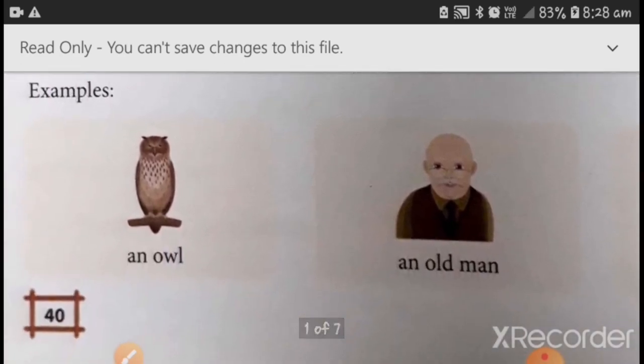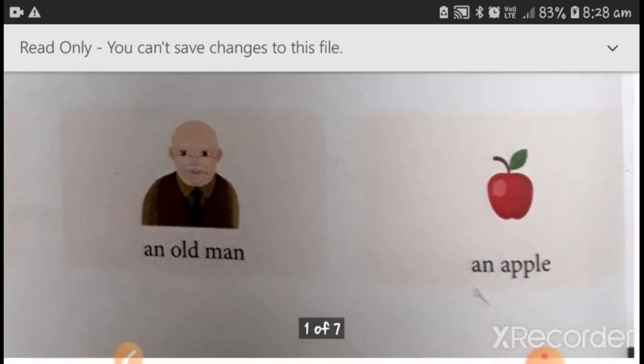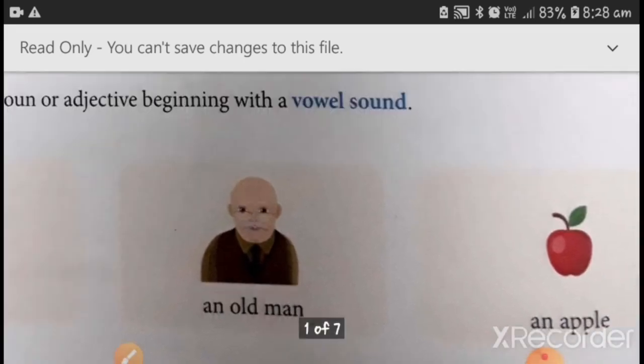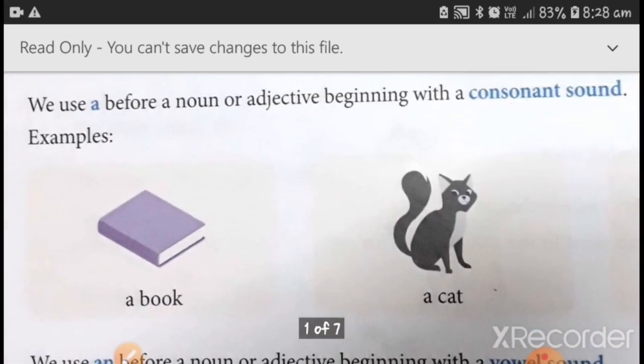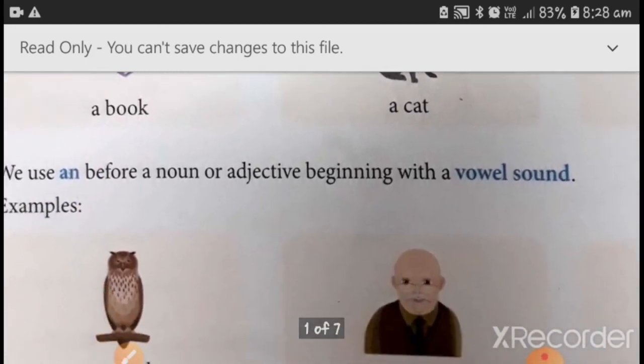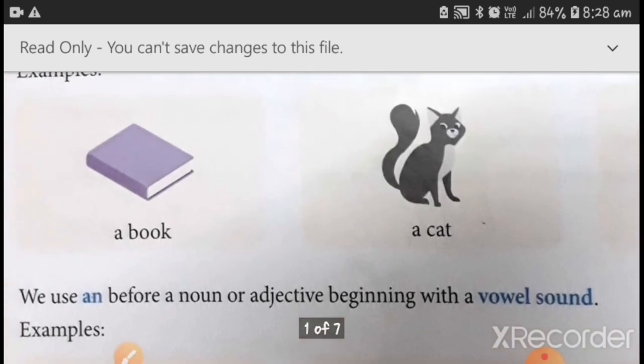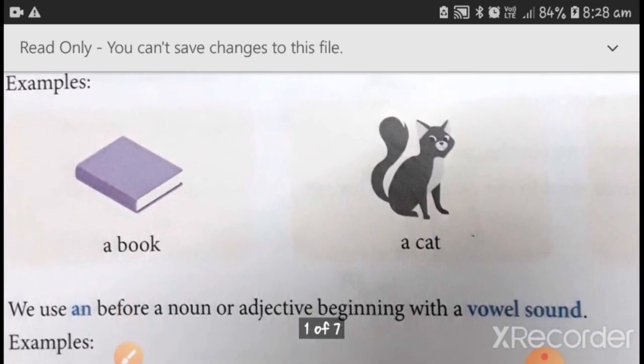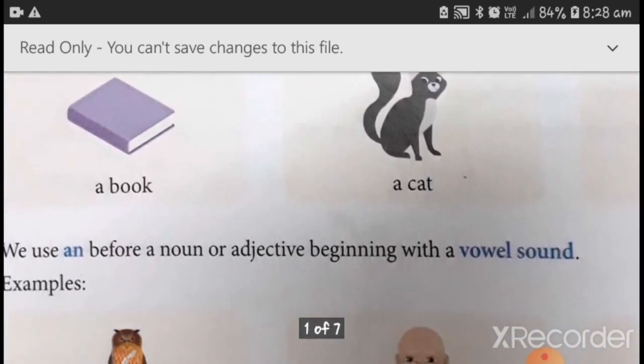Examples: an owl, an old man, an apple. So these are the different uses of a and an, and they are called the indefinite articles. Articles are of two types: definite and indefinite. So a and an are called indefinite articles and the is called the definite article. Let's move to the next exercise.